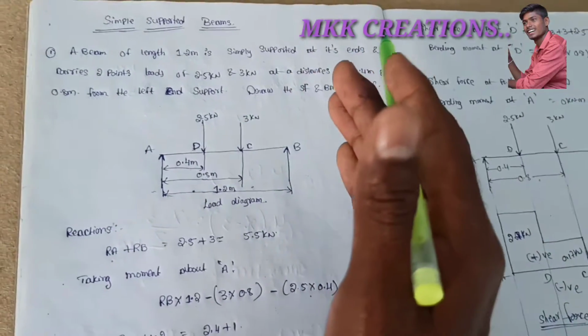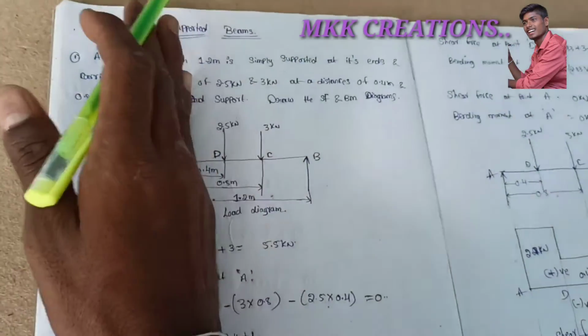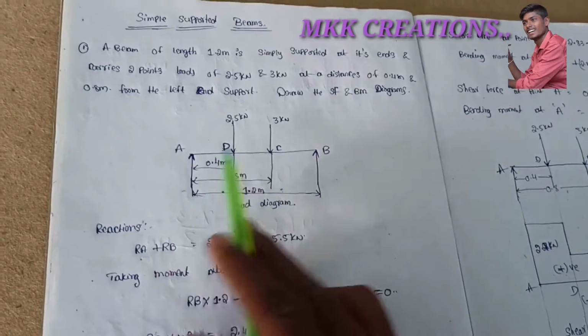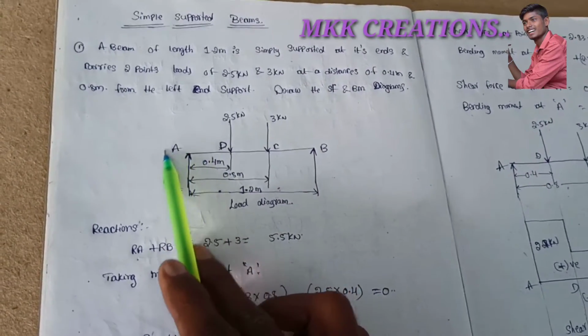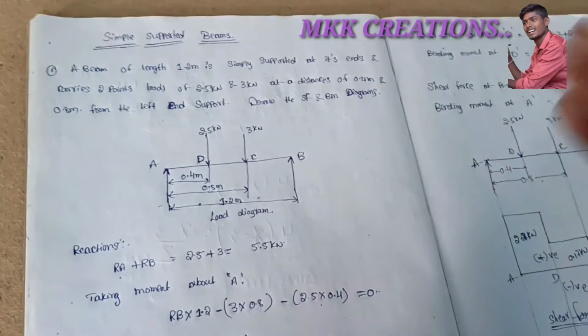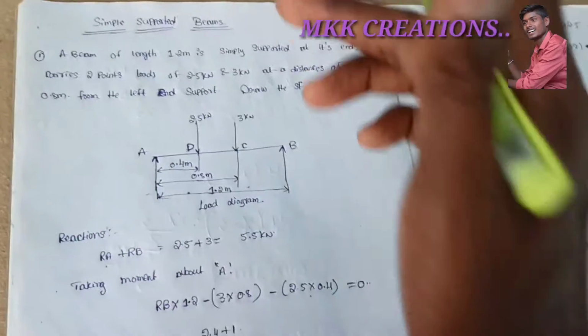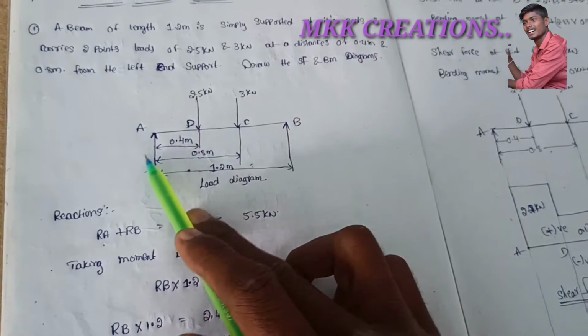After finding Ra plus Rb, which is a general equation, we want to take a moment, that means fix one position. By fixing point A, we take moments about A. Coming from the right-hand end to this fixed position, at what distance? Ra is fixed.